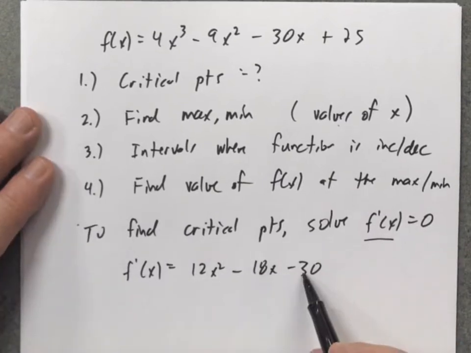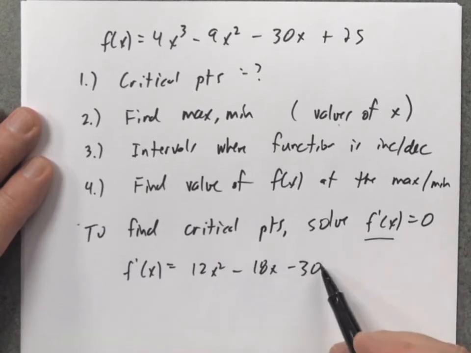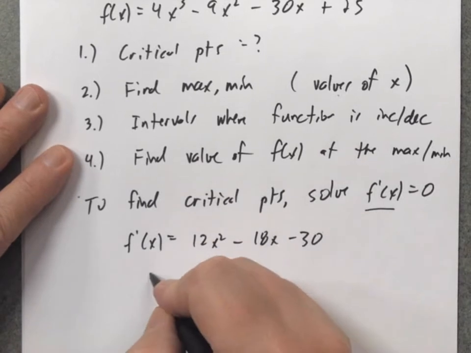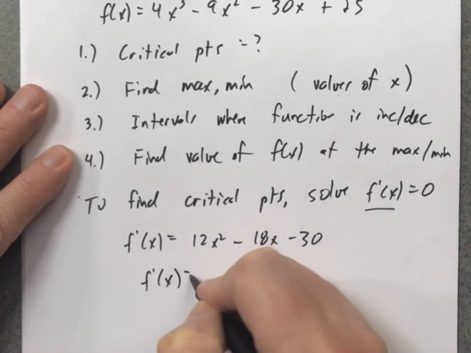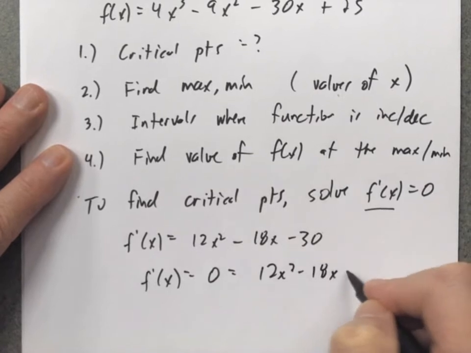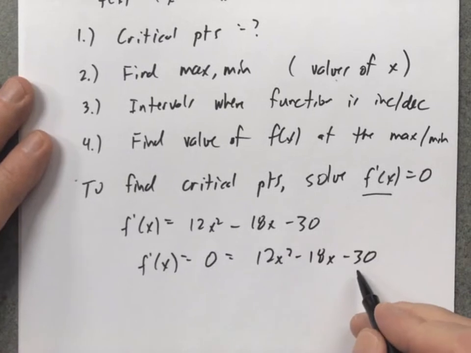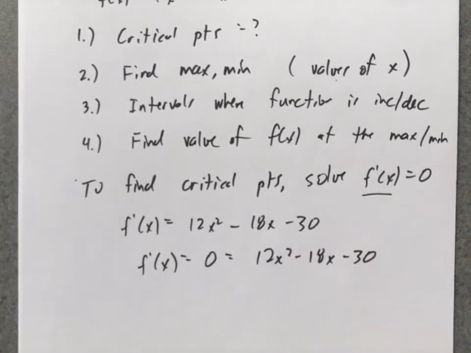You could think of this as the slope. Now what I want to do is take this first derivative and set it equal to 0, because when I do that and solve this equation, my solutions, or my values of x, are going to be my critical points.